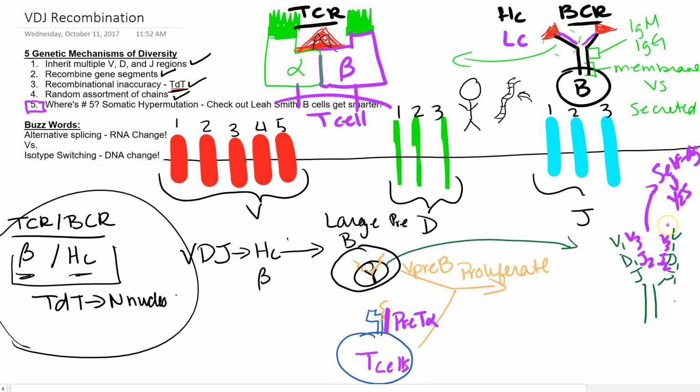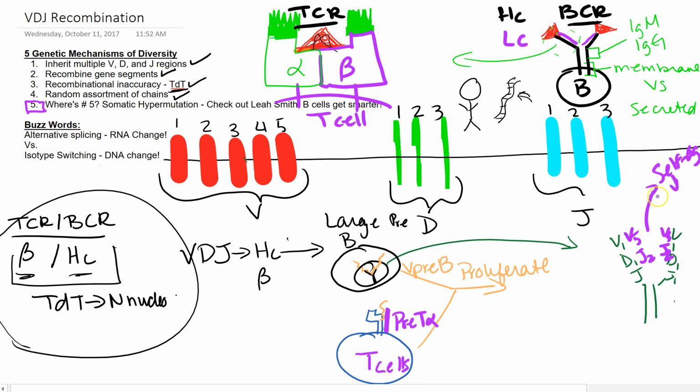If the answer is yes, it goes, wait a minute, just kidding, I can fix this. And it chooses a different V region. So now it's going to go like V5, J2 and V5, J2, okay?